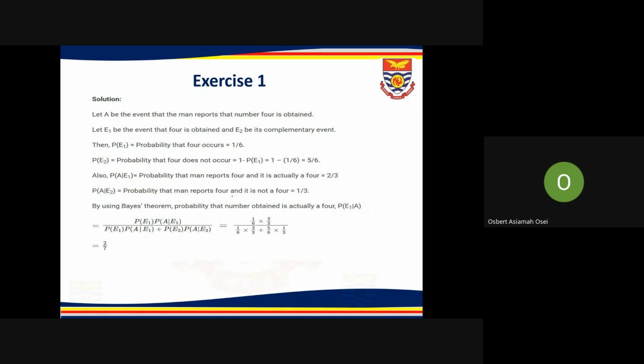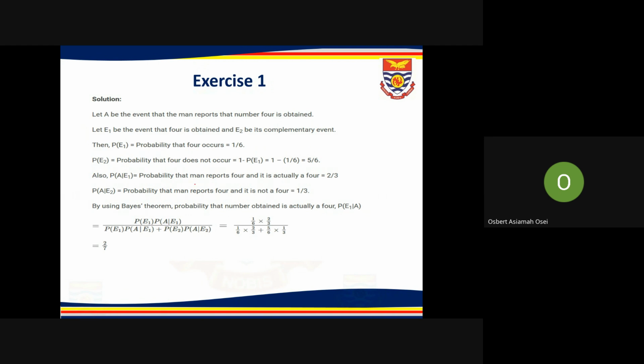The probability that what he has obtained is actually 4, given that he is speaking the truth, by extension of Bayes' theorem, is the probability of obtaining 4 times the probability of speaking the truth when you have 4, all over the probability of getting 4 times the probability of speaking the truth given that you have 4, plus the probability of not getting 4 and the probability of speaking the truth when you did not get 4.